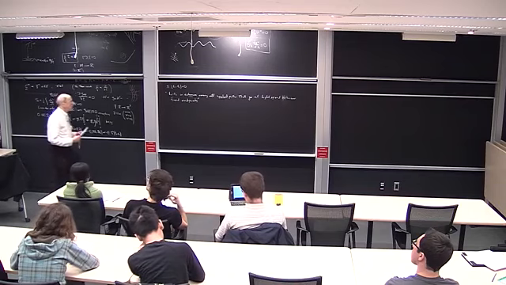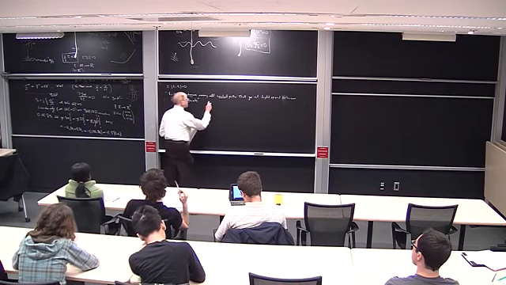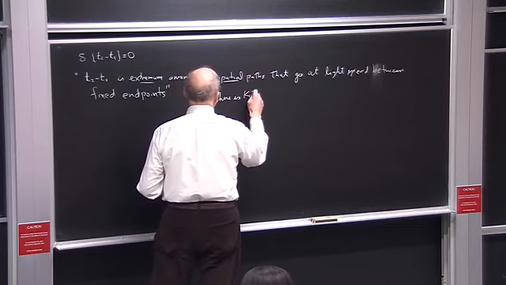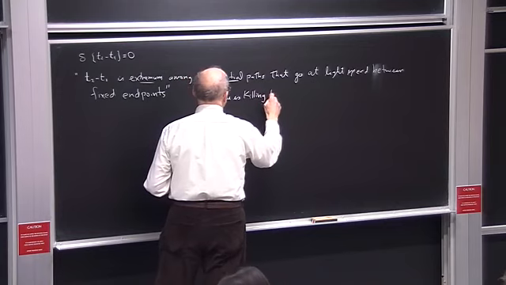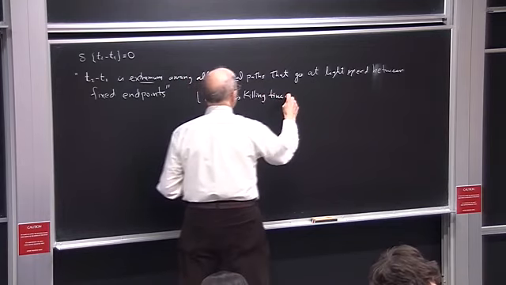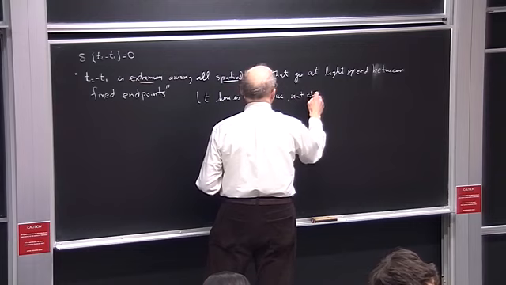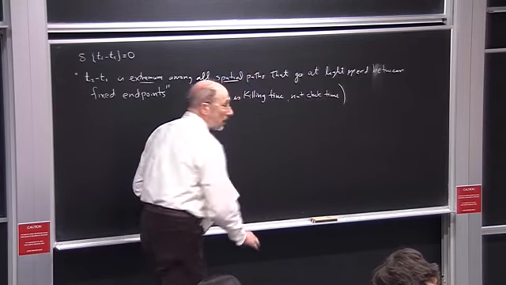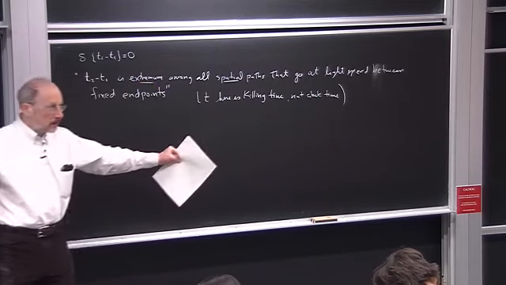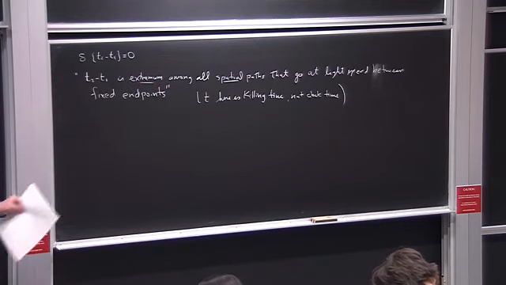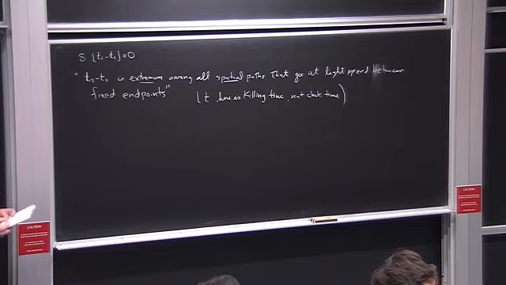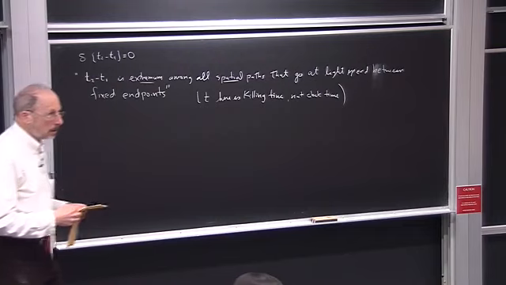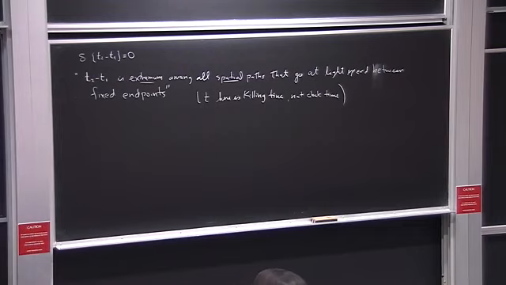So let me write that down. So t here is Killing time. It's not clock time. Of course, if you're doing something like light going past the sun and you're sitting out at a great distance, there's almost no difference between Killing time and clock time. But if you were to go near a black hole or something like that, then as we saw, there's a big difference between Killing time and clock time.